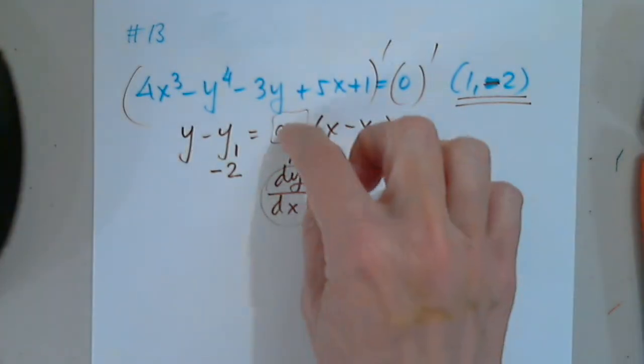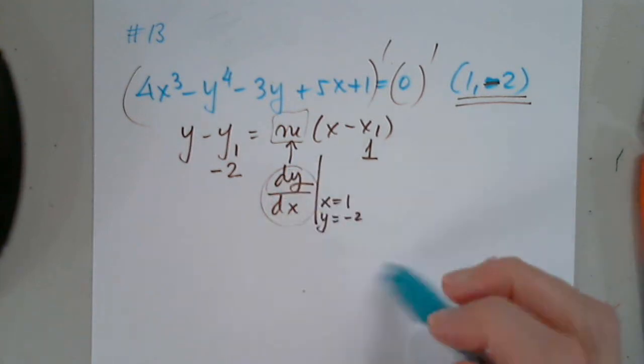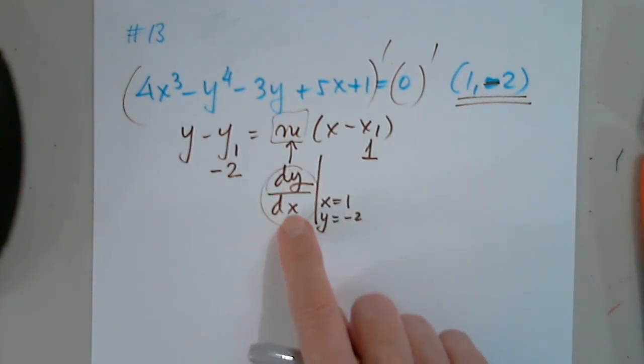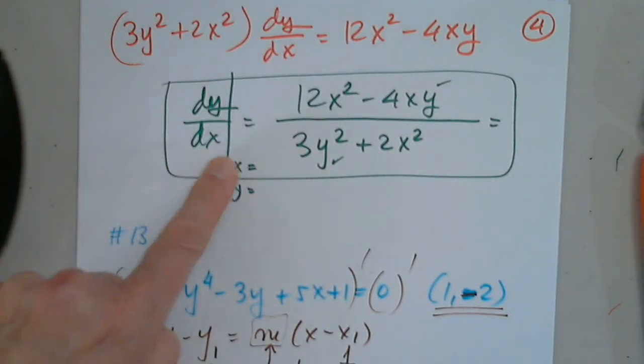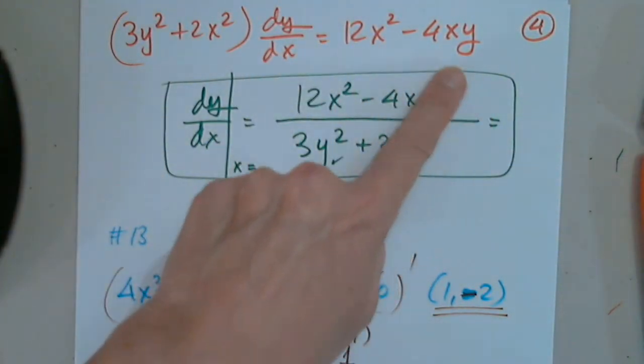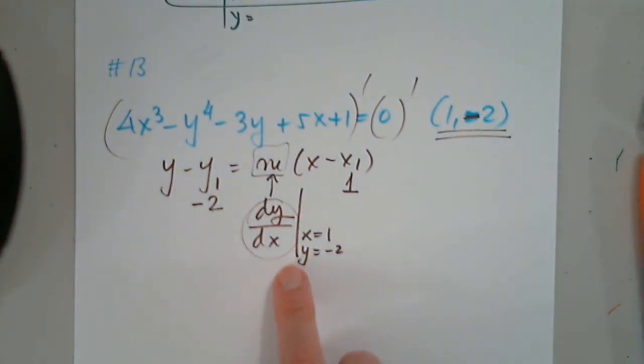Once I get the number, I will plug it in. Is that better? We don't have dy over dx yet. I have to find dy over dx, and then I will plug it in. Is that okay?